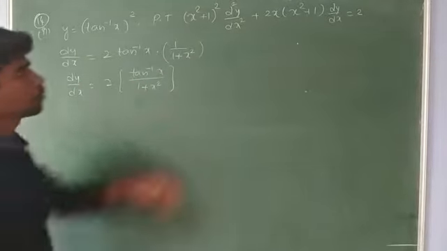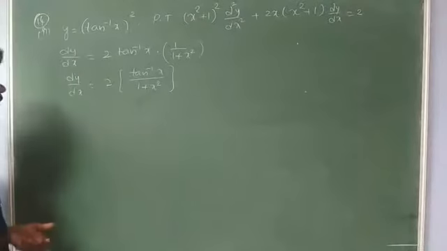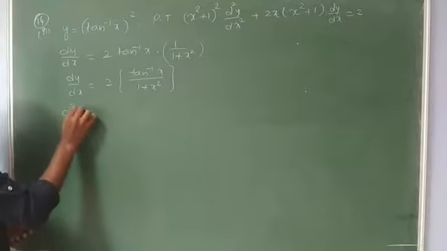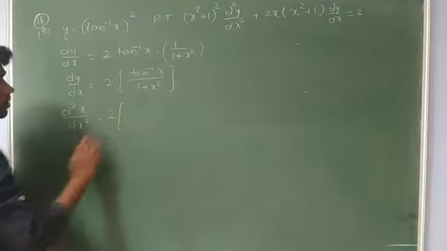So I have to find d2y by dx square. So I am doing the second order derivative. Again differentiate with respect to x. 2 is a constant.